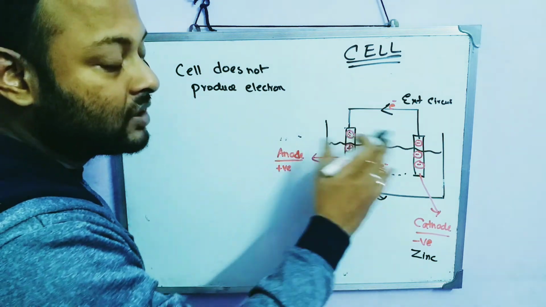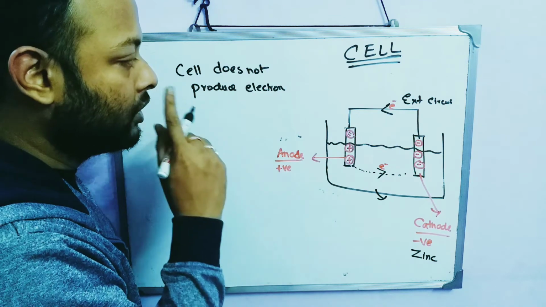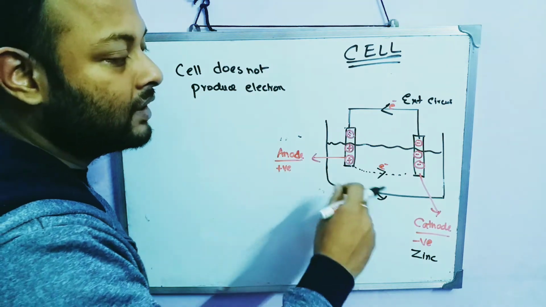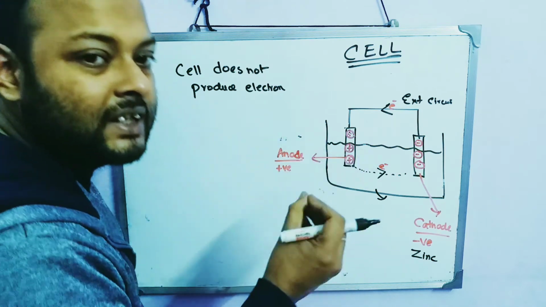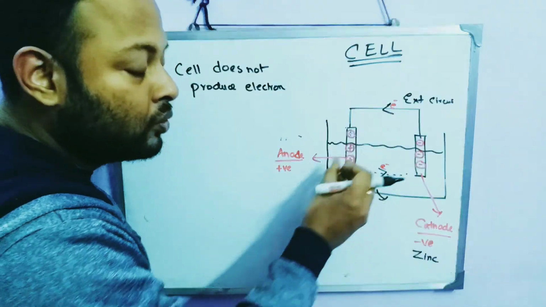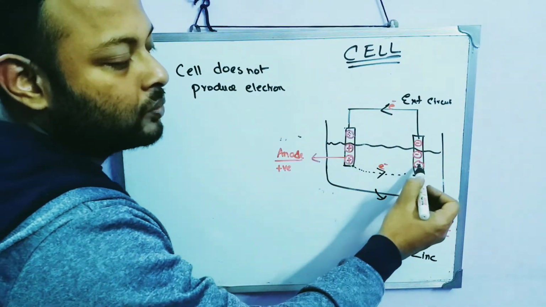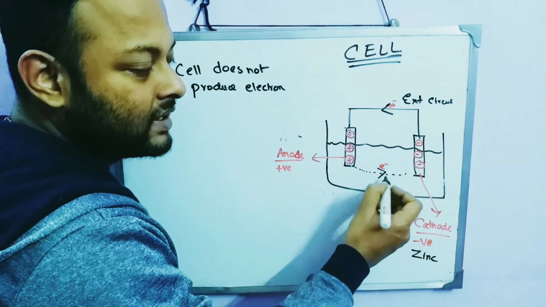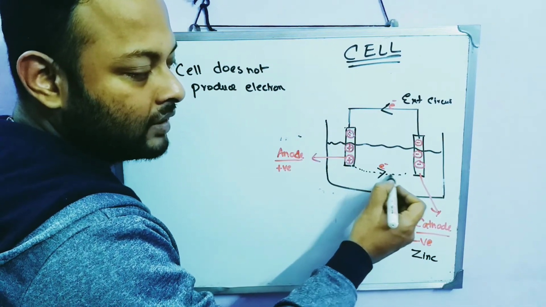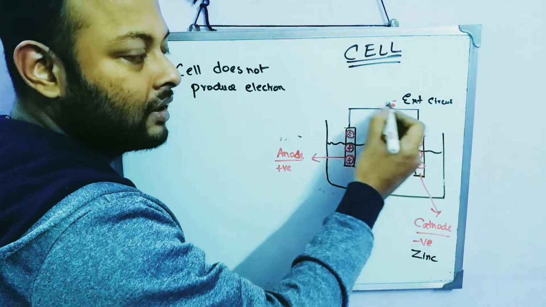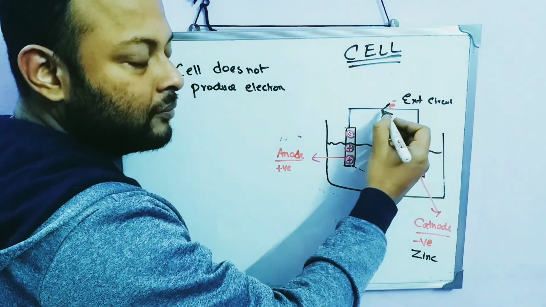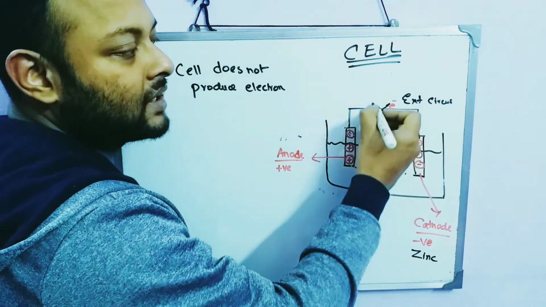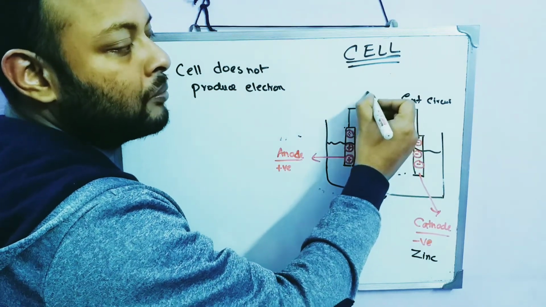So a cell is not producing electrons, but what it is doing is giving energy to these electrons. See this electron over there, the cell is giving it some energy, so these electrons carry this energy in the external circuit. And suppose I have a bulb.